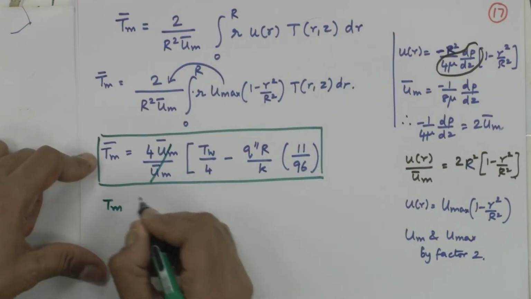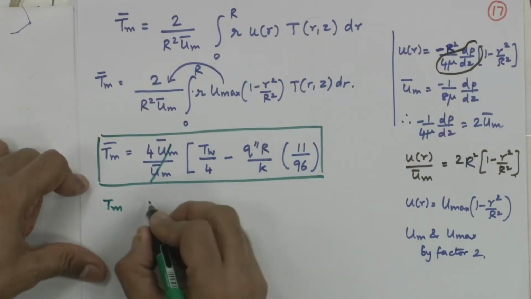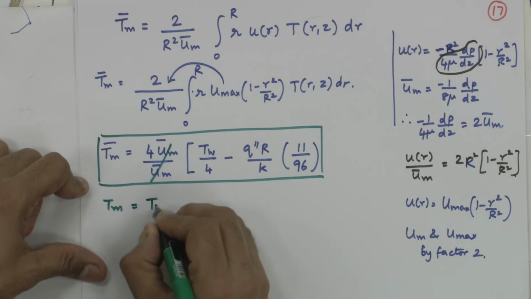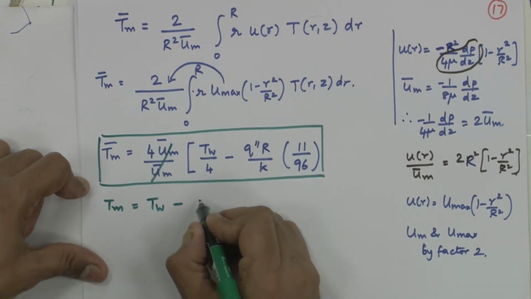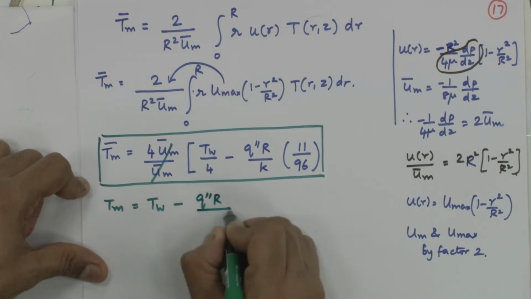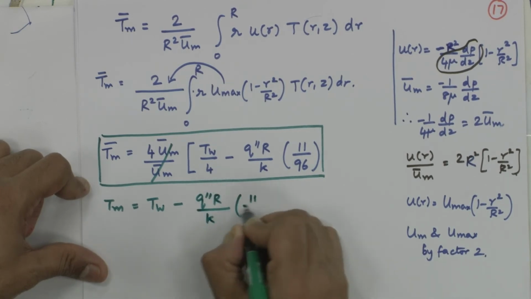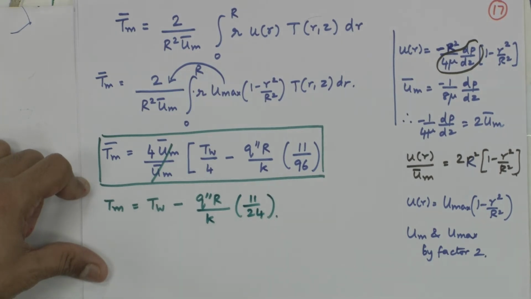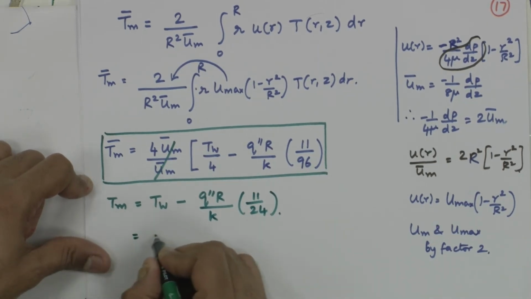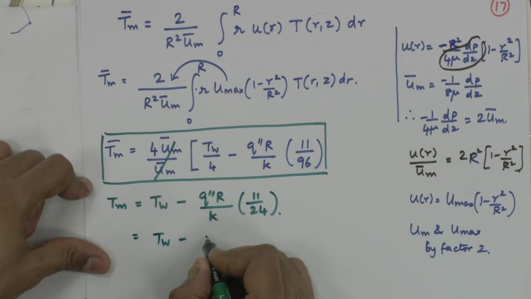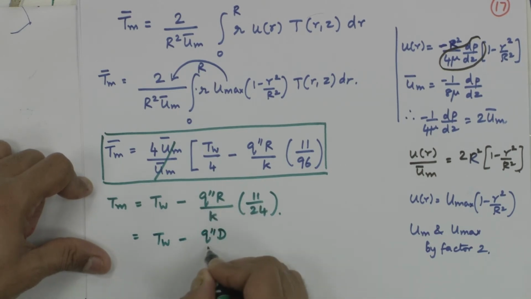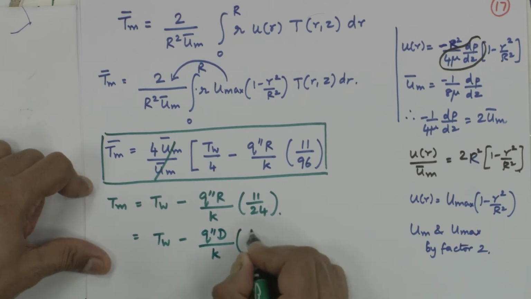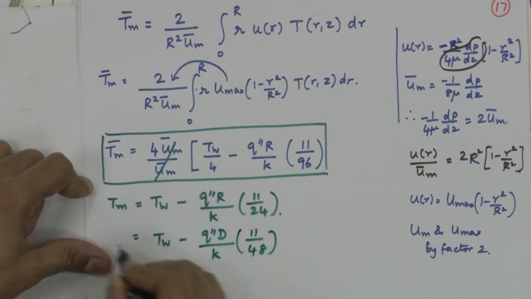So, I get this cancels off, T bulk mean is equal to T w minus, 4 cancels with 96, I get minus q double prime r by k into 11 by 24, which is nothing but T w minus, I multiply and divide by 2, 2r is nothing but the diameter, and I get 11 by 48.